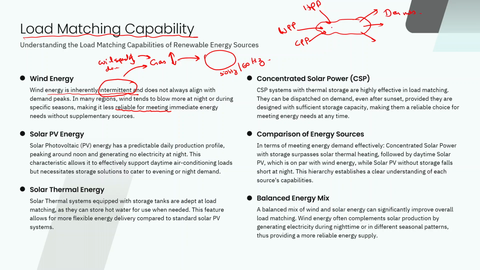So the power demand and the power input to the system have to be matched closely to maintain the frequency of the system. So if the power generation of the wind is varying very rapidly from time to time, it is very difficult to maintain the system frequency and very difficult to match the load capabilities as well, right?